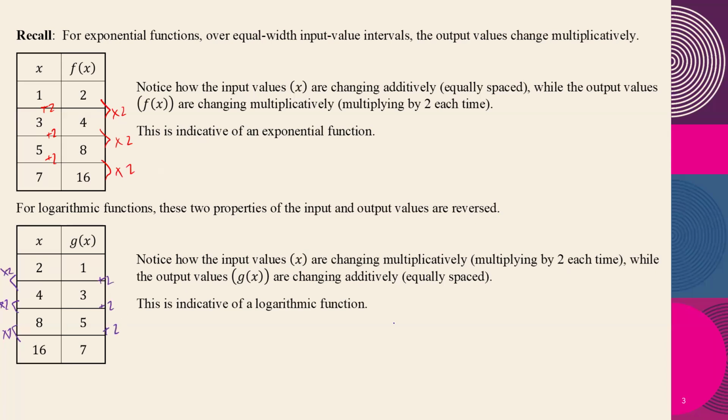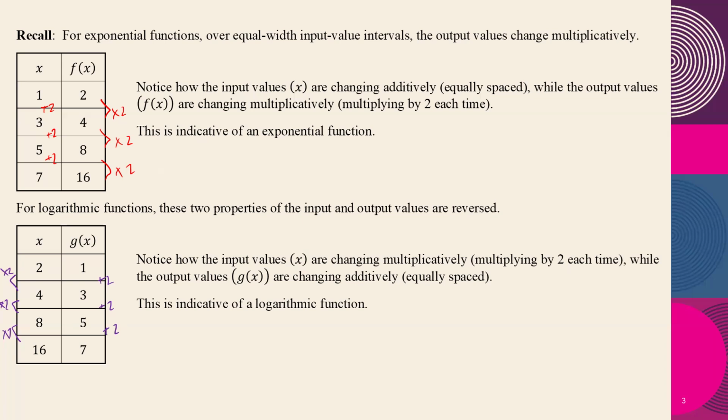That's how I know that this is a log function model instead of an exponential function model. And this again is because log and exponential functions are inverses, so their input and outputs are switching roles. How do we feel? Do you have questions about that concept?